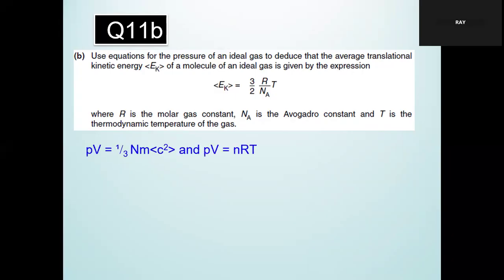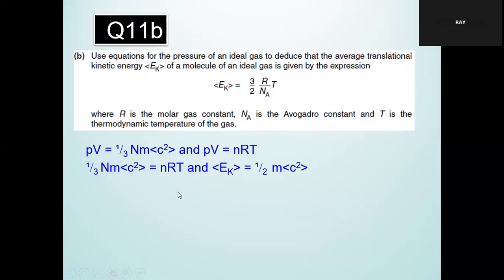So basically, you have to use these two formulas and put them as equal. PV, so this one equals that. And then the kinetic energy formula is this one.